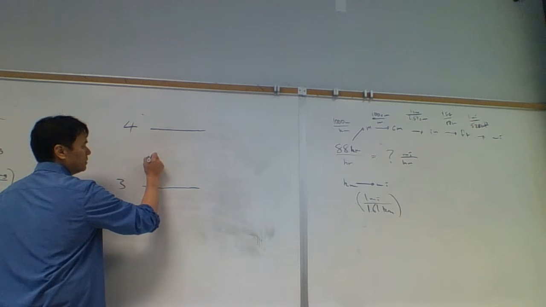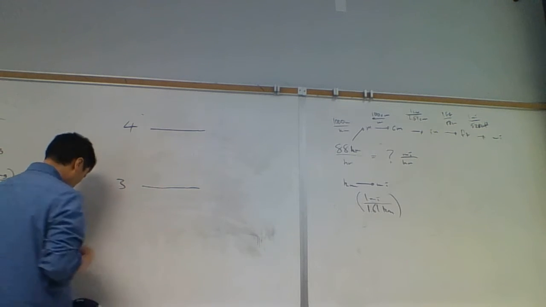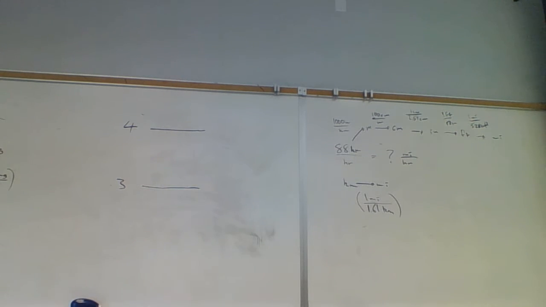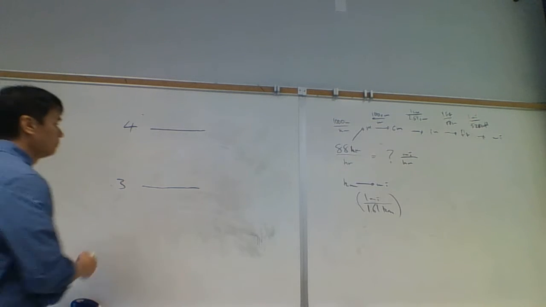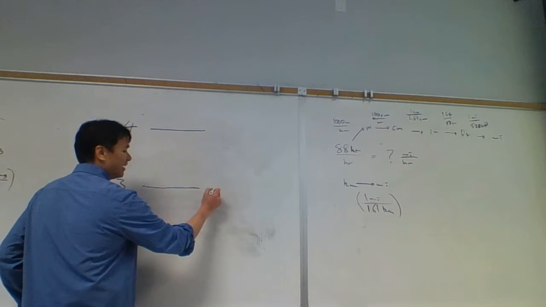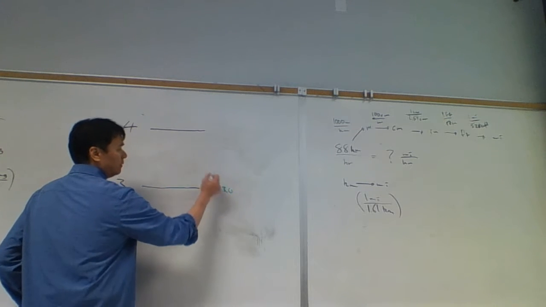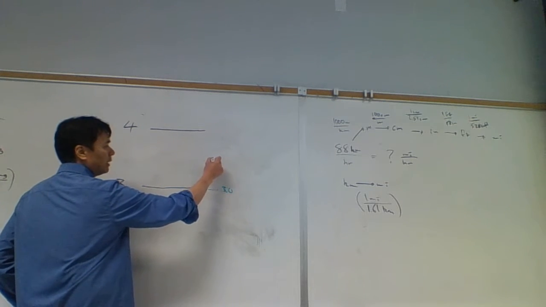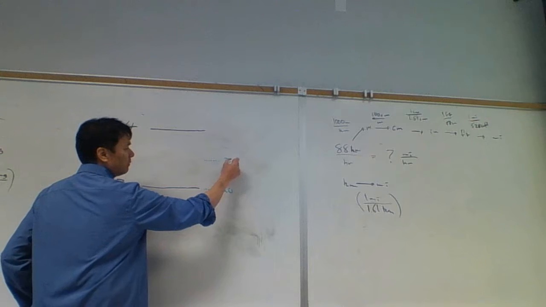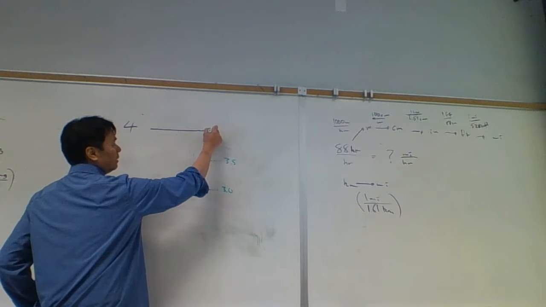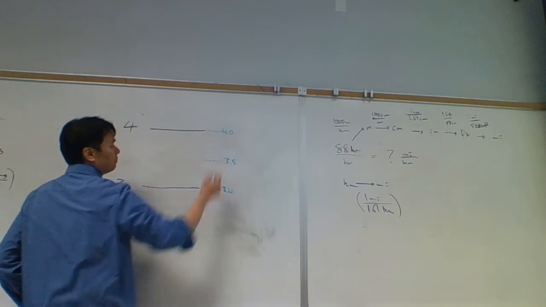So what we do normally, if I have a scale like this, I would divide it into like 10 lines. The first line here I call the 3.0 line, and then I go halfway. At the halfway mark, I'd have 3.5, and then the last line here is 4.0.